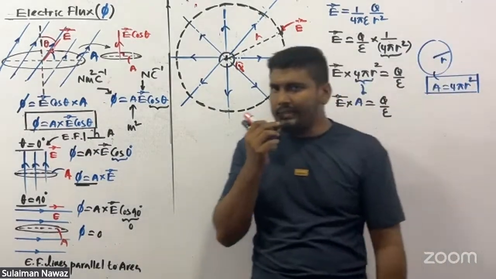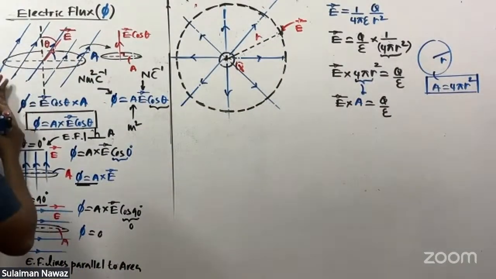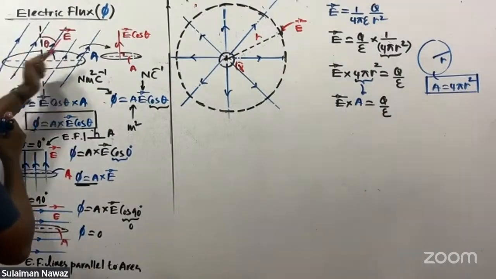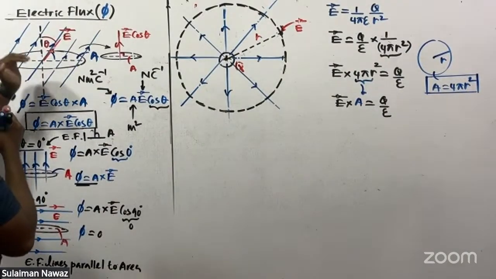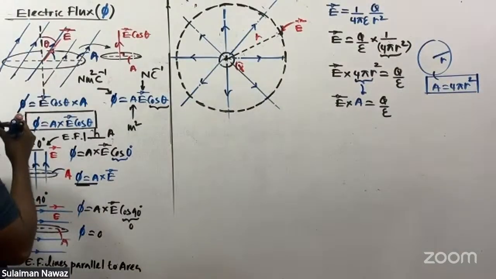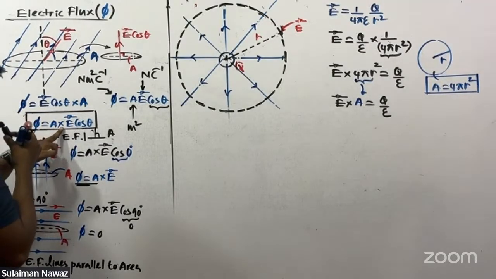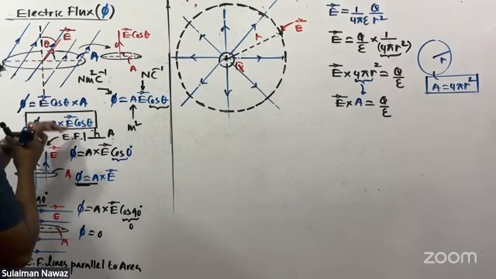Now we learned that in this story, electric flux means when you consider a certain area, when the electric field lines are passing through the area, right? Electric flux is defined as that area into the perpendicular electric field intensity through that area.